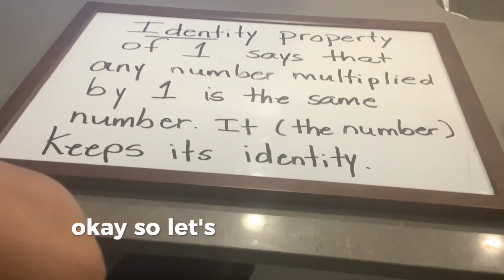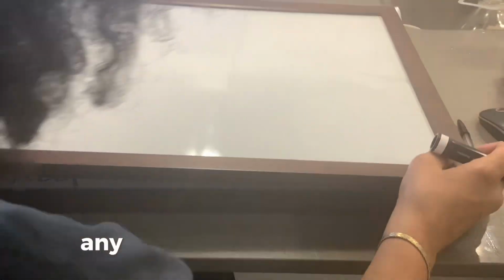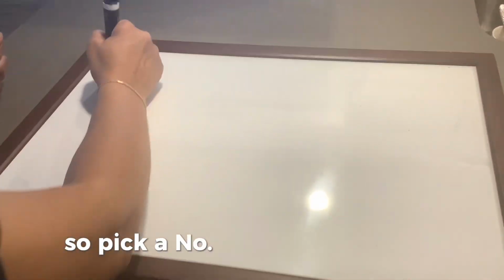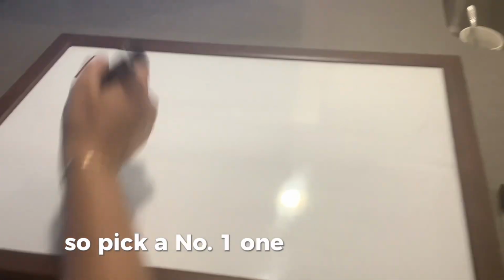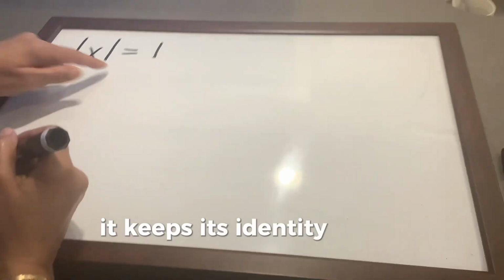Okay? So let's see what that looks like. Any number multiplied by 1. So pick a number. 1 times 1 is 1. It keeps its identity.